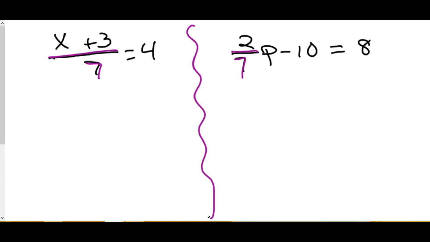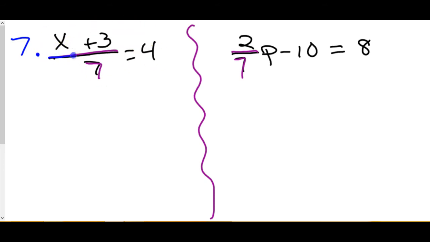And they both have divide by 7. And when we're working with equations that have fractions, the way we get rid of the fraction is multiply. So on both of them we would have to multiply by 7. The question is, where do we multiply by 7? Normally we would just say everywhere, but that can be confusing on this first one.